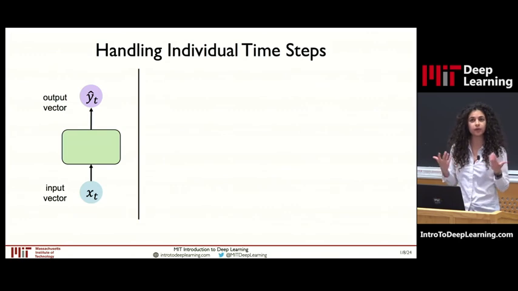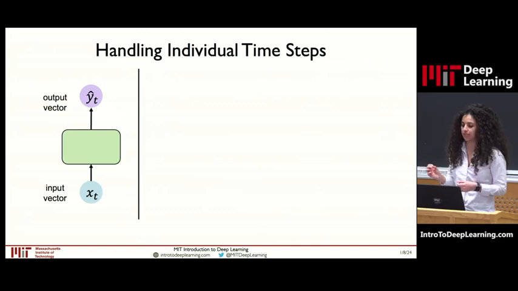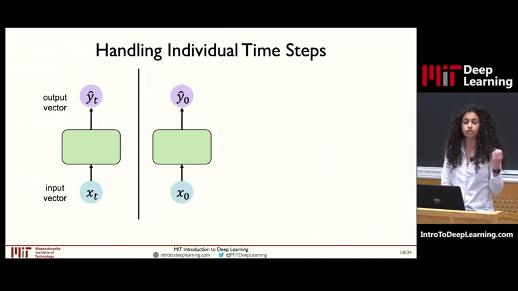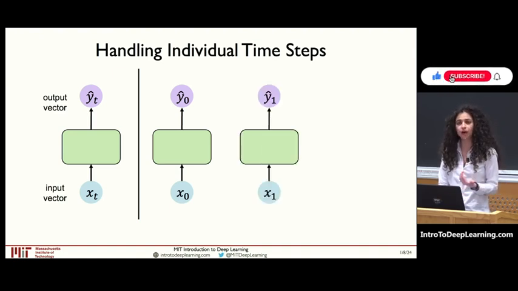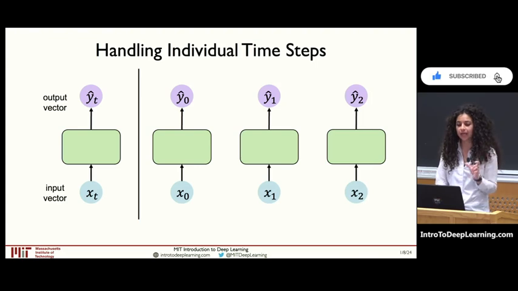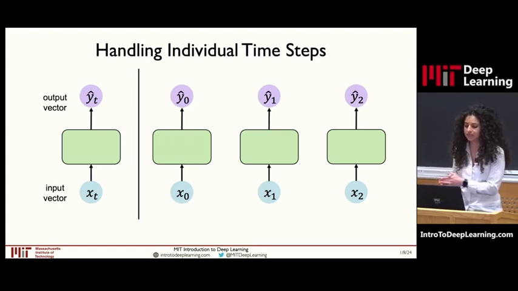Let's say we have some sequential data, and we don't just have a single time step anymore. We have multiple individual time steps. We start from x0, our first time step in our sequence, and what we could do is take that same model and apply it step by step to the other slices, the other time steps in the sequence.